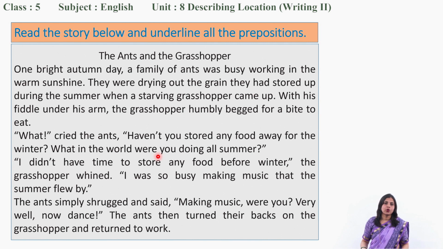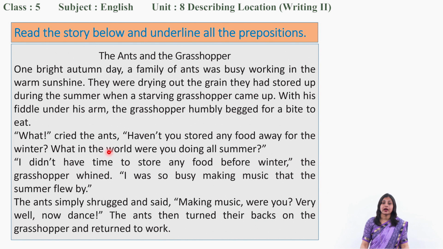Yes, he was just very hungry. Yes, and then what did he do? He begged for food. Please, dear ants, give me some food to eat. I'm so hungry. Why the grasshopper was doing like that? When the ants were drying out grains, he came and started asking for food.